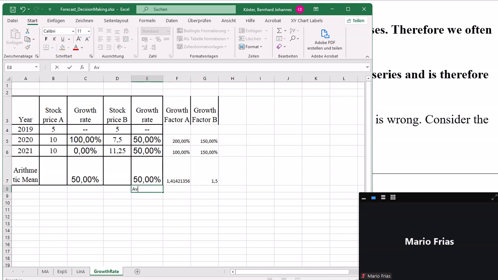And then the average growth rate is the average growth factor minus 1. And then you see here the significant difference. That one is roughly 0.2, while the other one is 0.4, while the other one is, of course, still 50% if both growth rates are 50%.